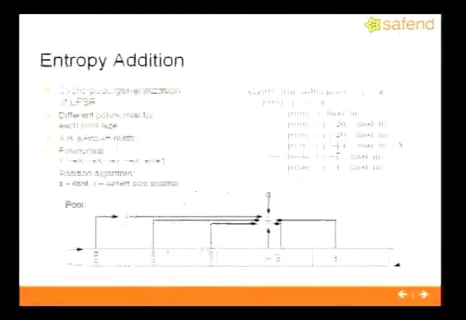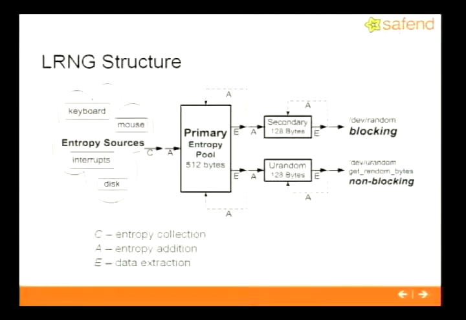And again, as you could see, there are a lot of extraction. One when we read bytes from the dev random or from the dev U random, and whenever there isn't enough entropy in the small pools, in the secondary and the U random, we get additional entropy from the primary pool.